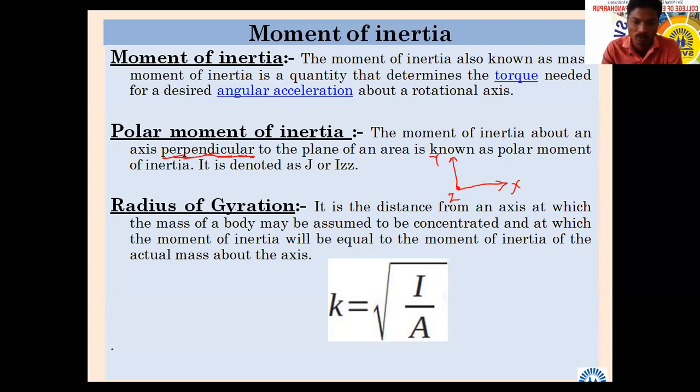Then, what is the pronunciation you use in physics for this word? Gyration, radius of gyration. You may know this term.